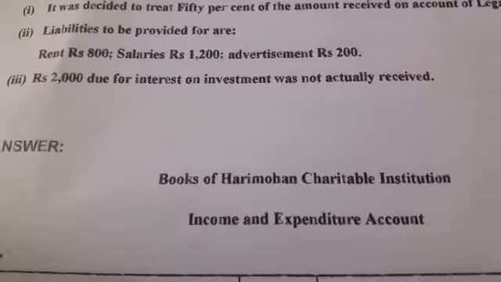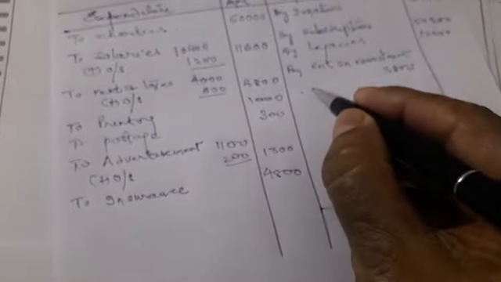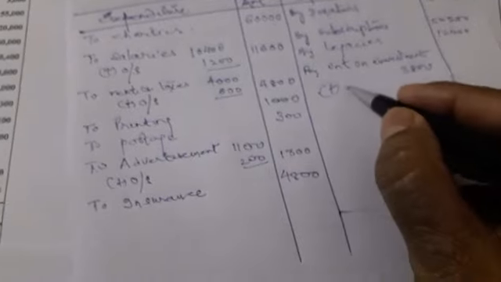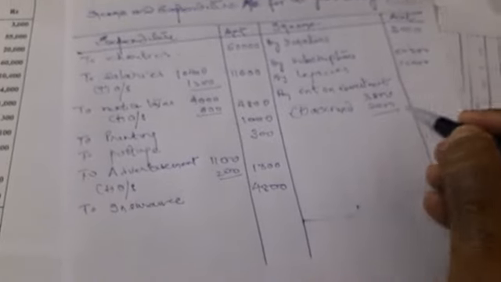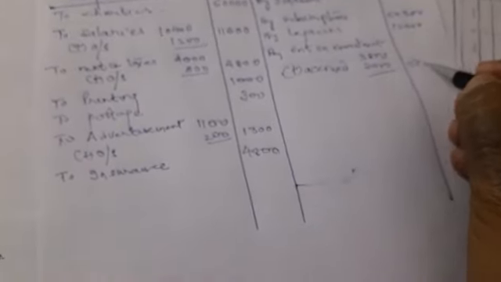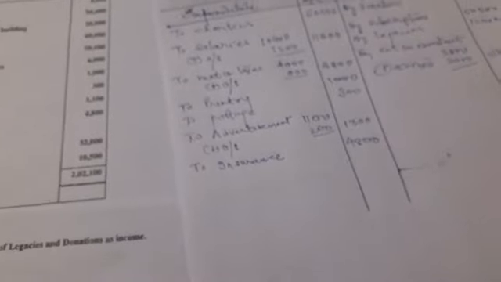The adjustment says that rupees 2,000 are still due for interest on investment. So this interest on investment accrued is for current year, therefore it will be included in the income expenditure account, and the amount comes to 5,800 rupees.